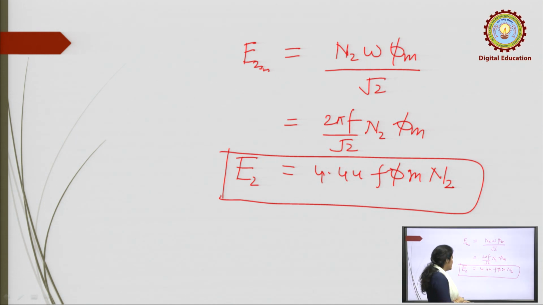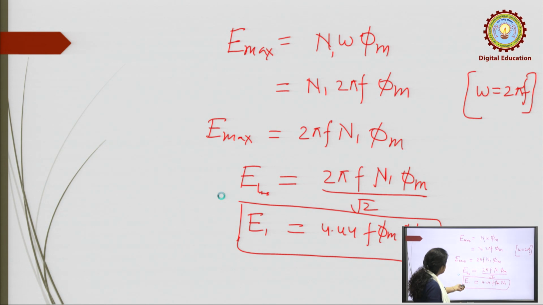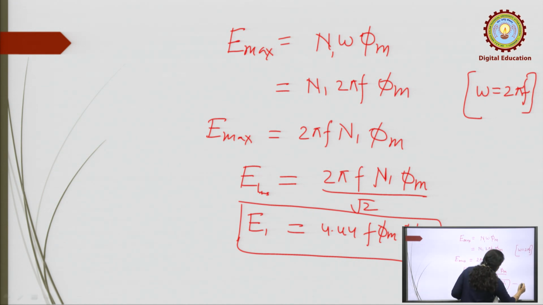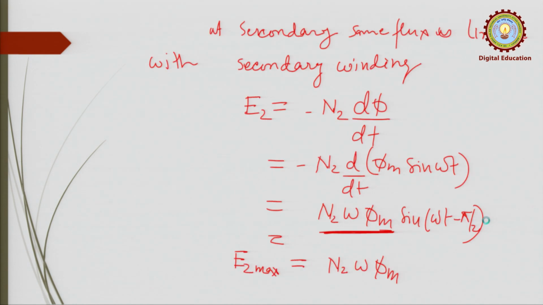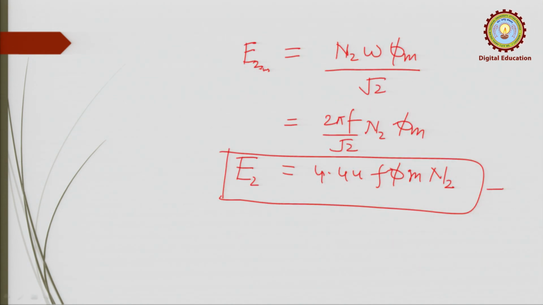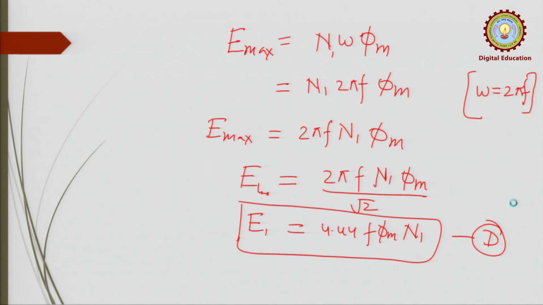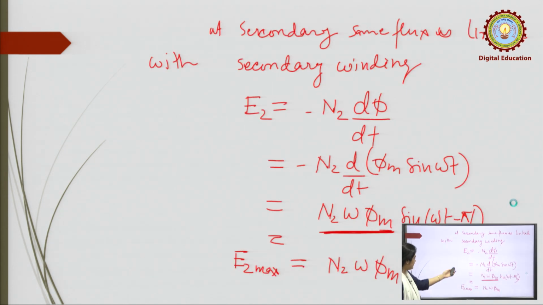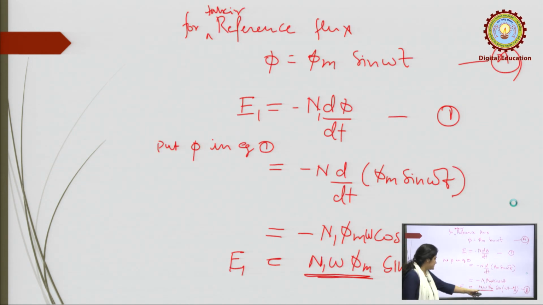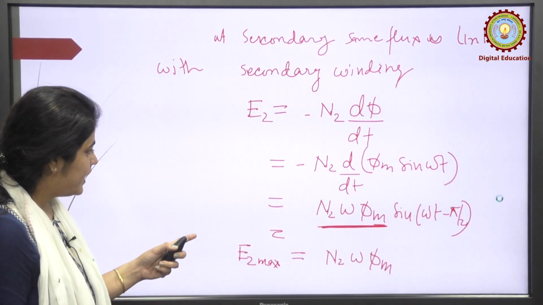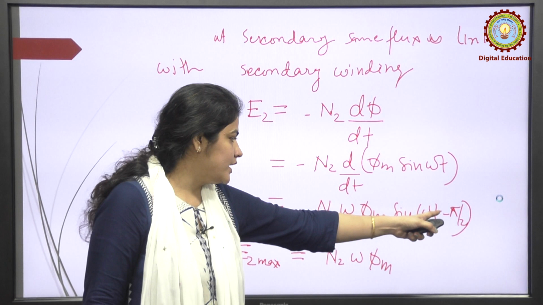Okay. That means the RMS value of EMF induced in the primary coil is this much, that is suppose D, and this is suppose E. So, if you take this E1, you have seen that E1 is N1 omega phi m sin omega t minus pi by 2, and E2 is also sin omega t minus pi by 2.